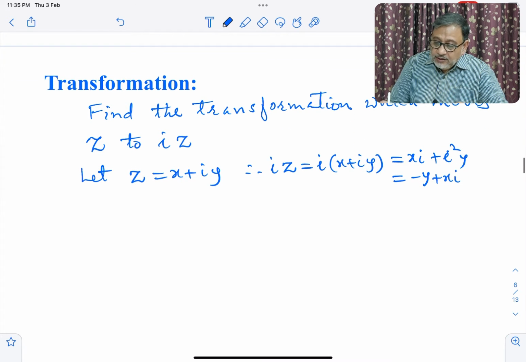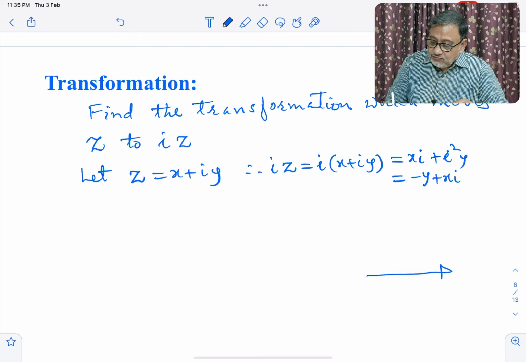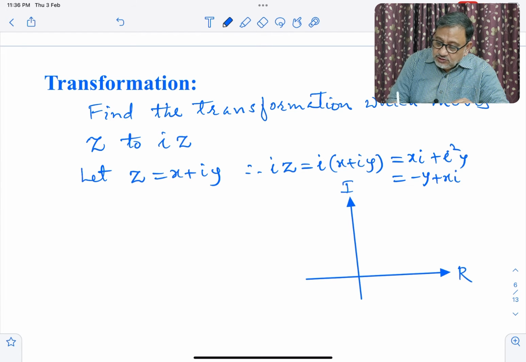Now look here, let me draw the figure for the complex plane. This is the real axis, imaginary axis.